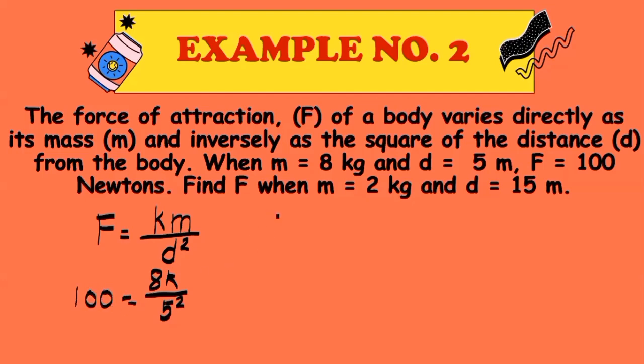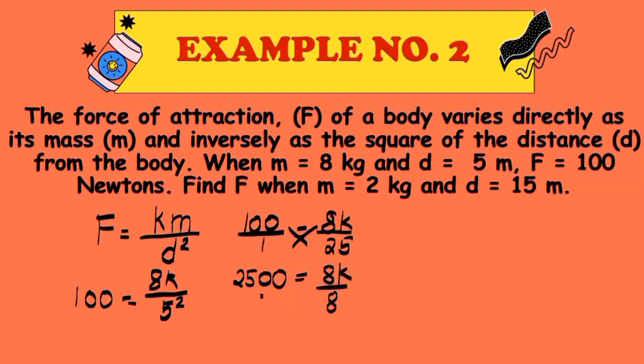Then, 100 over 1 equals 8k all over 25. Okay? Then, cross multiply, you will have 2,500 is equal to 8k. Divide both sides by 8.